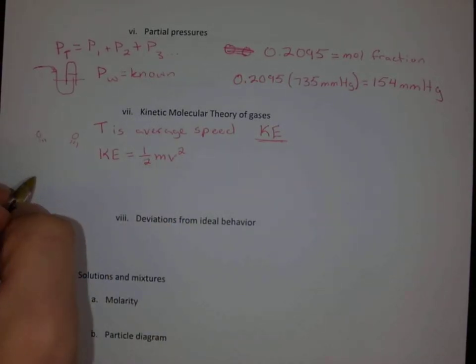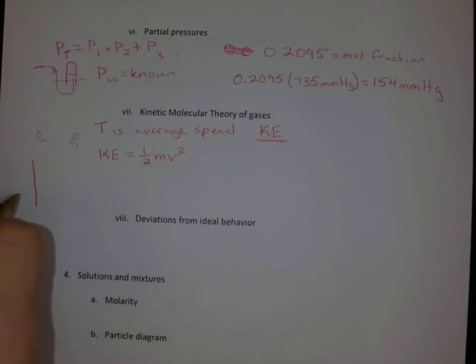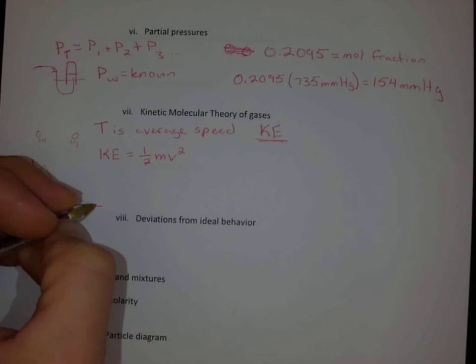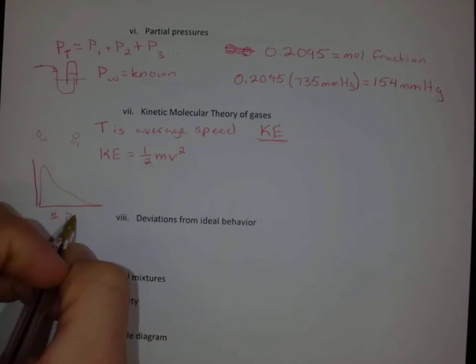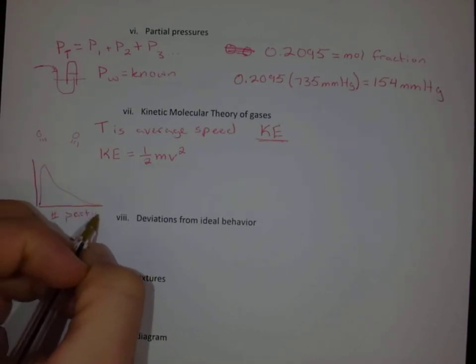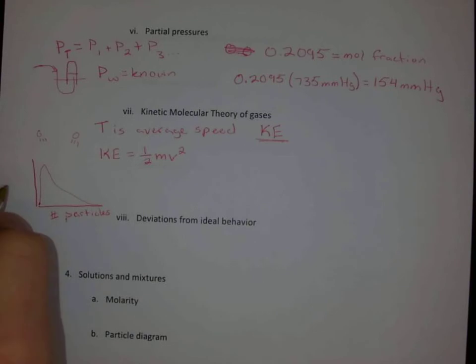So if we think about this, we have an average speed of our particles. We're going to have something that kind of looks like this, where this is just our number of particles, and this is the kinetic energy, the speed at which they're moving, right? So I could also say, really, it's the velocity.